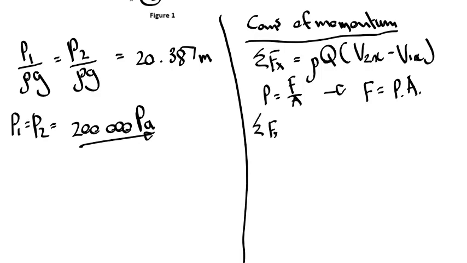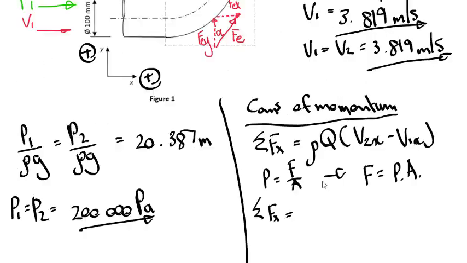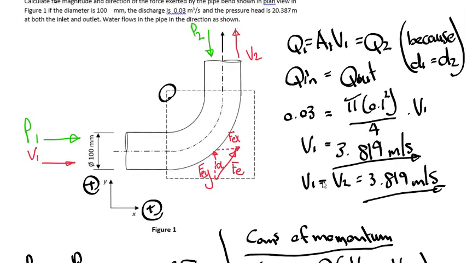If we look back at our figure, the forces in the x direction, we have the pressure 1, which we have to write in terms of a force, and also we're going to use FEX in our calculation.